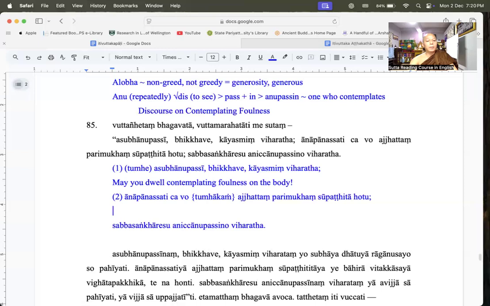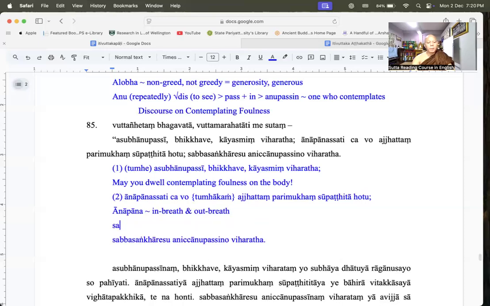So the word Ānāpānasati we need to analyze. So Ānāpāna means in-breath and the out-breath, breathing in and out. Okay. And then sati. Sati means mindfulness. We already know that.